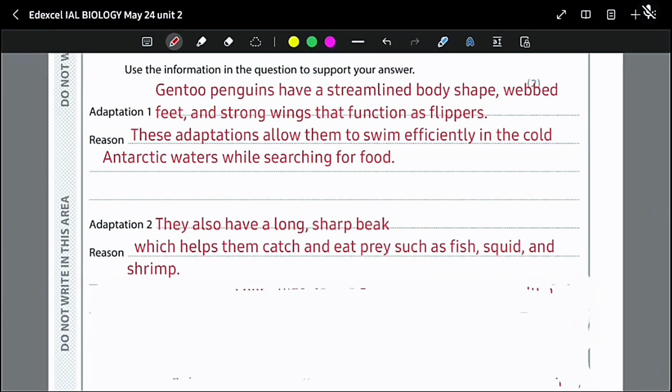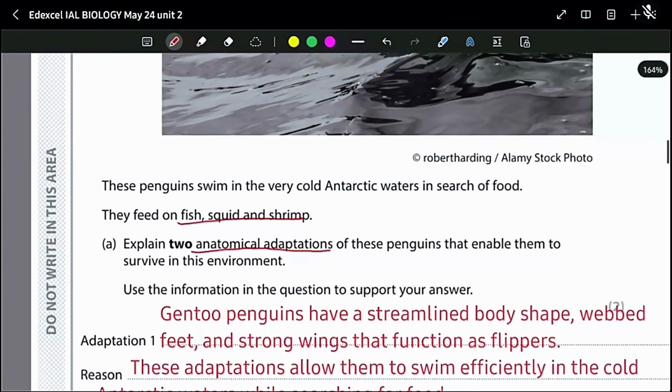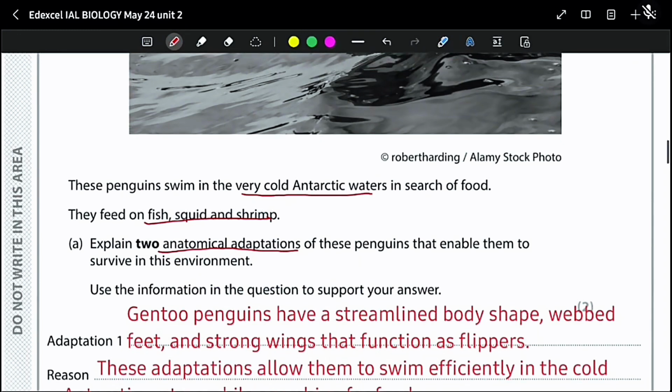We have more adaptations other than this. We could also write that penguins have a small surface area to volume ratio, to reduce heat loss in freezing water. They remain in very cold Antarctic waters, so in order to avoid heat loss, they have a small surface area to volume ratio. Another adaptation could be that they are covered in a thick layer of blubber and dense waterproof feathers.